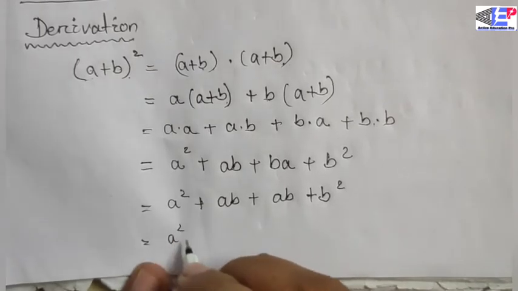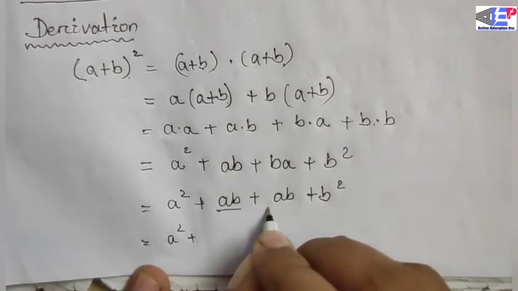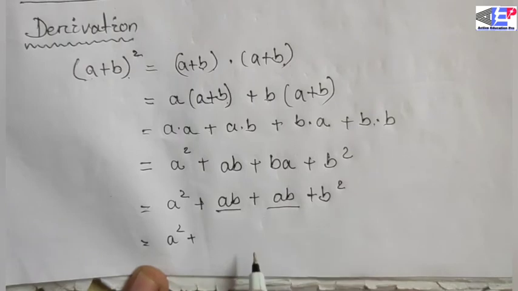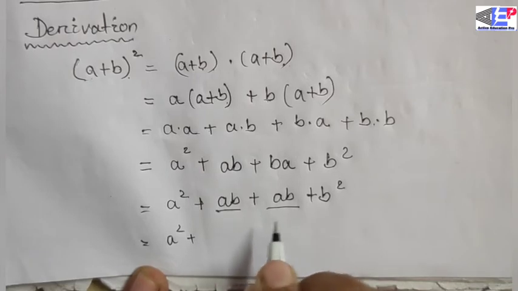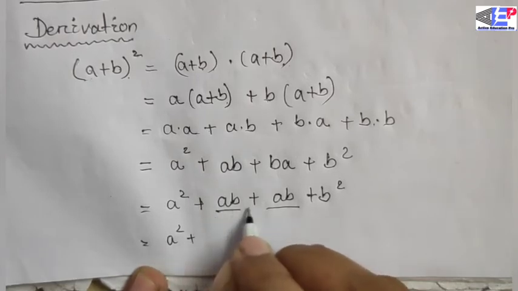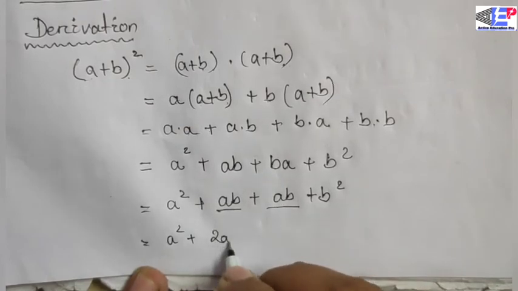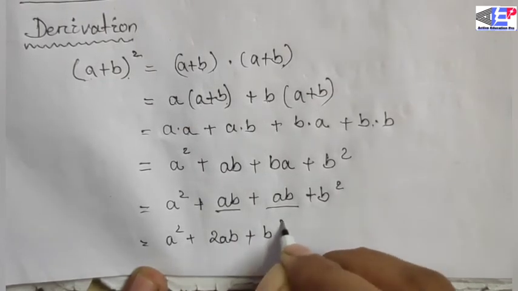Look here, ab and ab both are like terms containing the same variables ab. Yes, there are 2 variables a and b, but each term has the same variable ab, so it will be 1ab plus 1ab, it will be 2ab, plus b square.